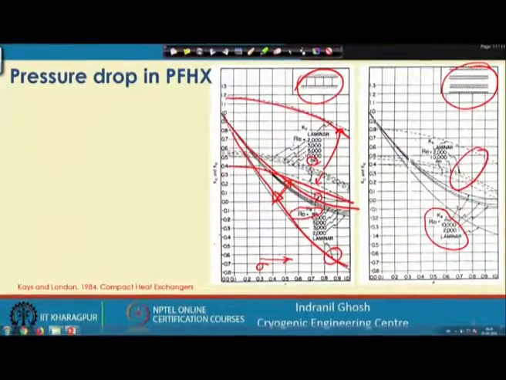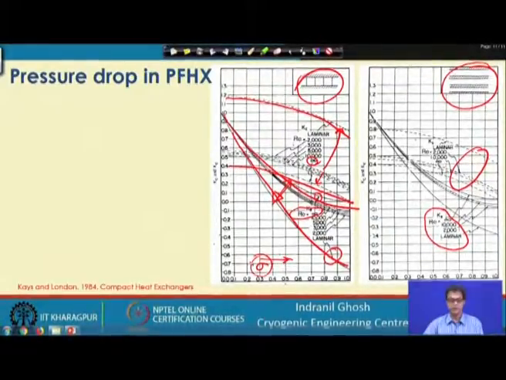So, if we know the sigma value and have an idea about the Re values, then we can find out the Ke and Kc from this graph and estimate how much is the pressure drop due to sudden contraction and sudden expansion. But again, as I told you, this constitutes a very small percentage of the total pressure drop.